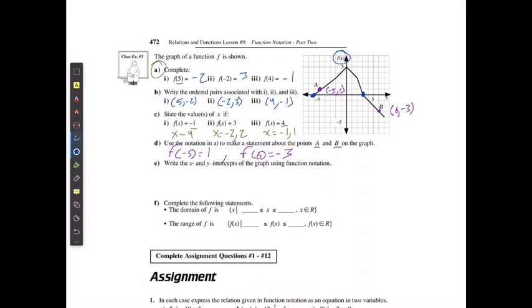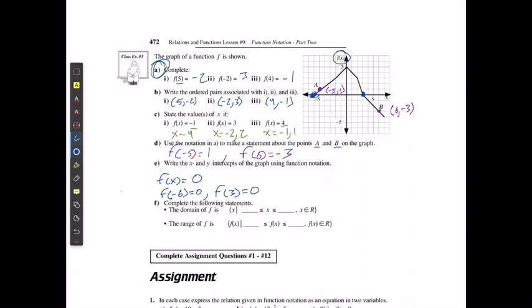If I'm using the function notation, like we did in part A, then for the x-intercepts, it's going to be when f of x equals 0, then x is going to equal -6 or +3.